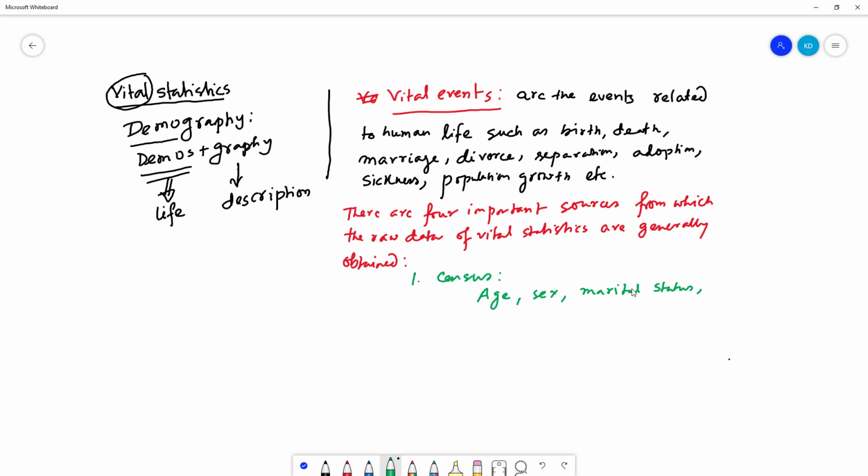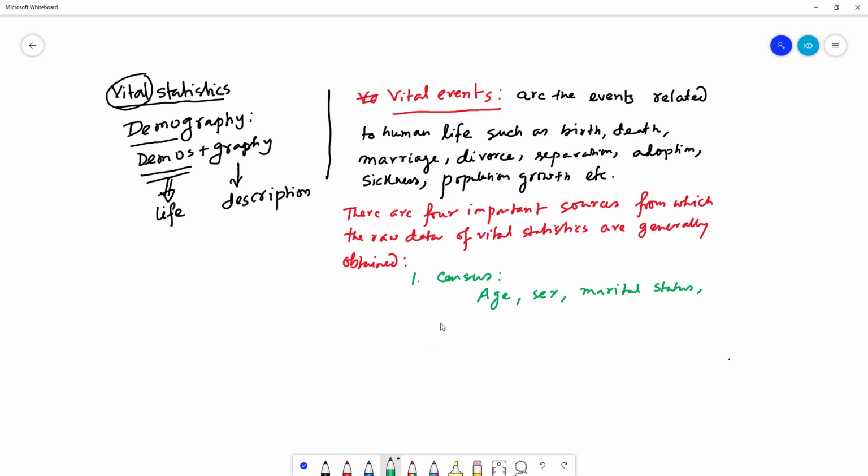But this information is available for the census year only, because we collect data at 10 year intervals. Hence, census data fails to produce vital statistics for the intercensal interval.